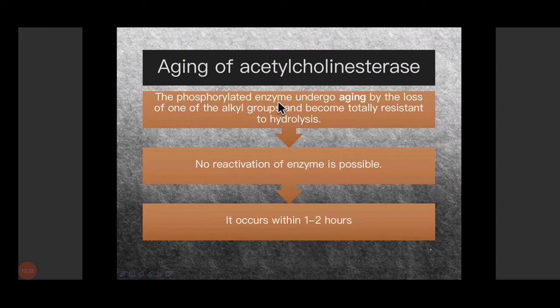And if aging sets in, it will be very difficult to manage the patient by antidotes or by other management techniques. So, the treatment strategy has to be adopted as soon as possible, otherwise aging of anticholinesterase will happen. Therefore, you need to know this phenomenon.